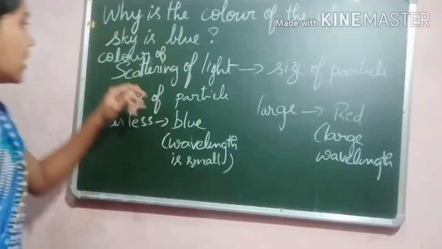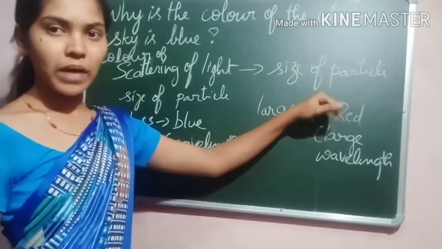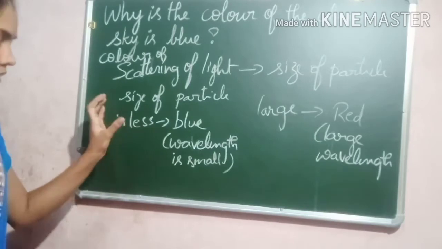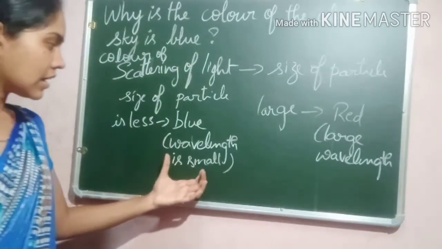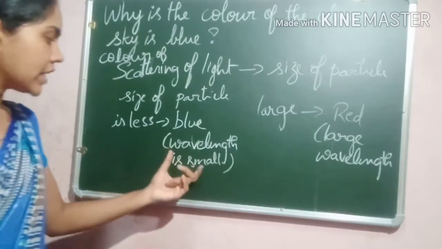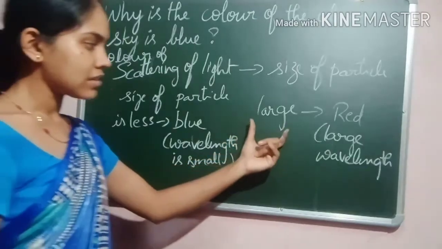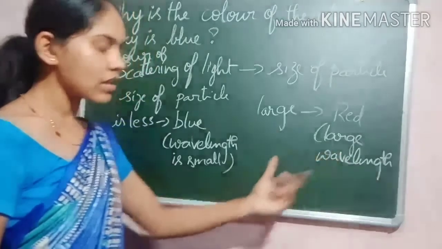So we know that the color of the scattering of light depends on the size of the particles. If the particle is small, it scatters a color which has a smaller wavelength. If the particle is larger, it scatters the color which has a larger wavelength.